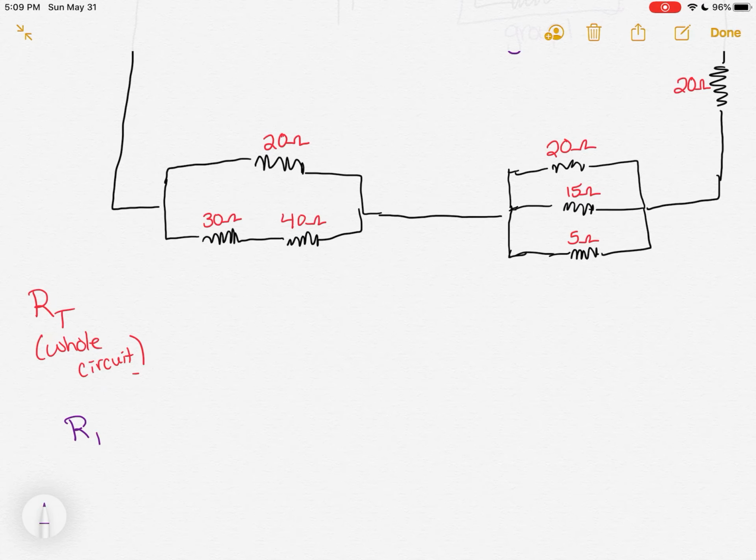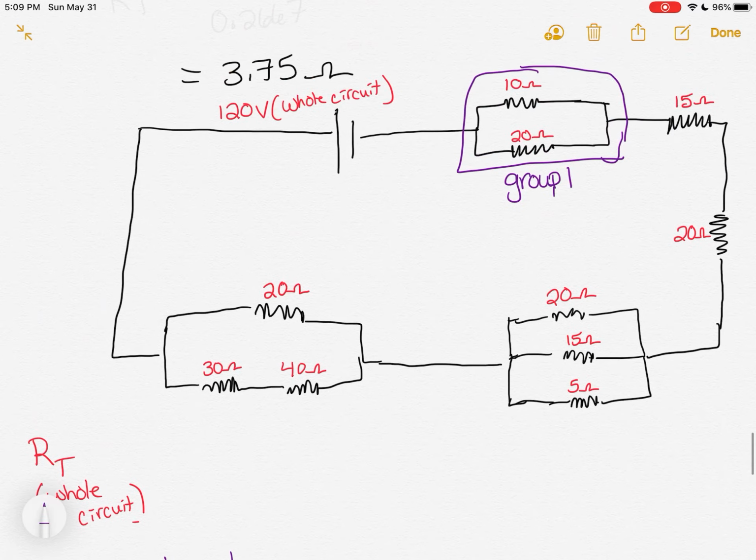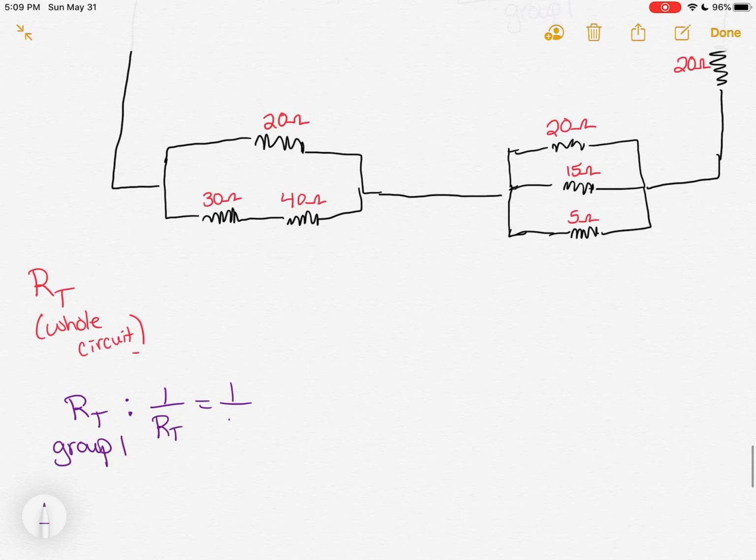So I'm going to start with group 1, and we're going to find the overall resistance for group 1. All right, so group 1 I know is in parallel, which means 1 over my RT for group 1 is going to be 1 over my 10 plus 1 over my 20. Okay, so then I'm just going to do the math.